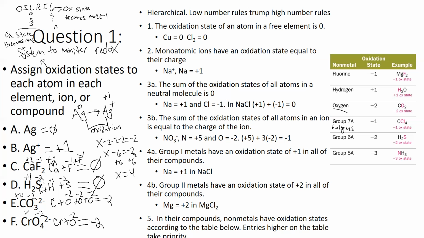Exactly. I'll just do the math again. Chromium plus O plus O plus O plus O equals -2. Chromium, -2, -2, -2, -2 equals -2. Running out of space here. Chromium - 8 equals -2. Add 8 to each side. Chromium equals +6.